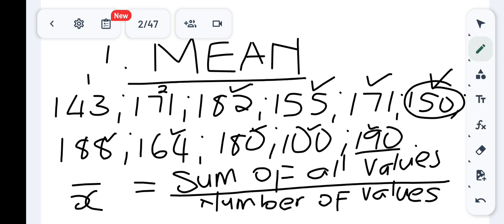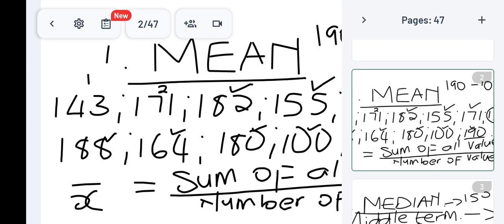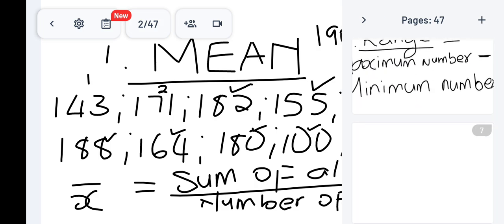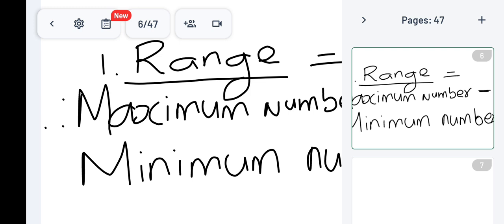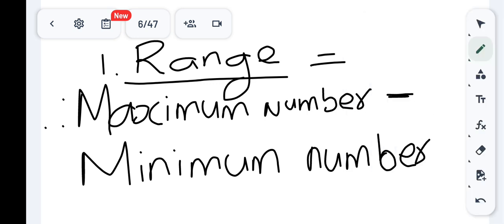So if you were to calculate a range, you will say 190 minus 100, and then the answer you will get is your range. Okay, that is how you can calculate range, maximum number minus minimum number.